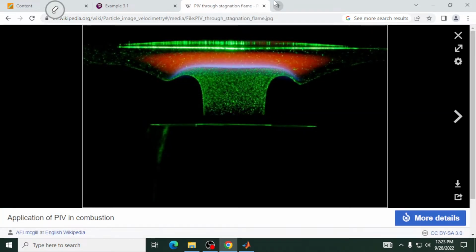You can buy point lasers, but you can also buy a laser sheet, and then you seed the flow, put particles in it. You've probably seen that before if you had a real bright LED and it's dark around you, and you turn it on and you see particles flying around. Like dust? Yeah, like dust.